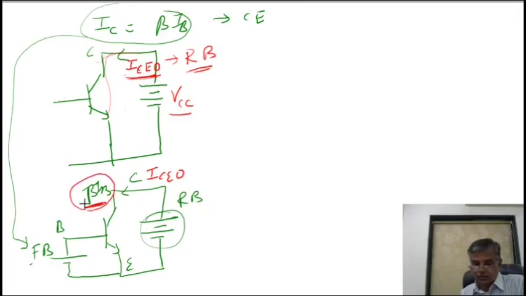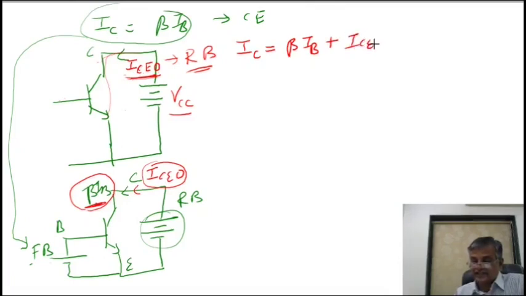This is due to forward bias, this is due to reverse bias, in the same direction. So the total collector current is beta IB plus ICEO.